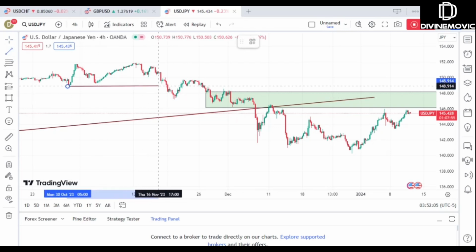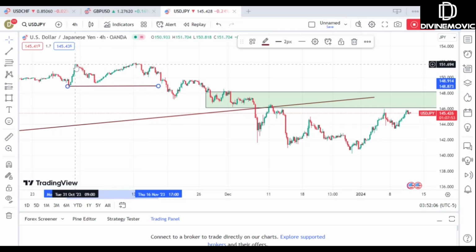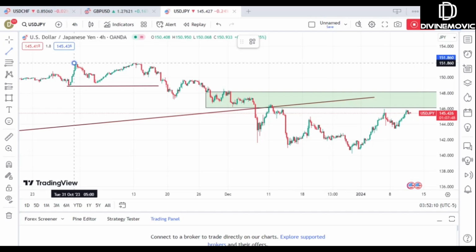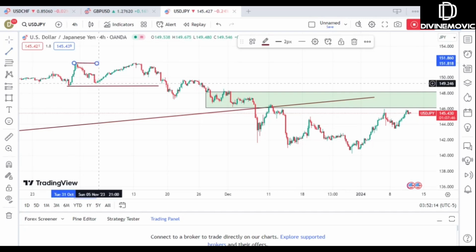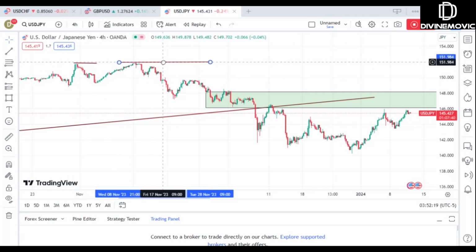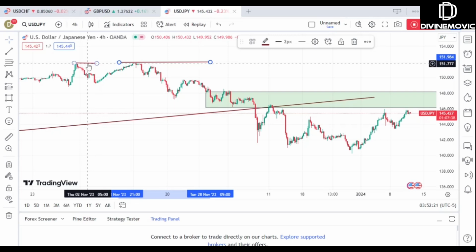Now this is the first low, and this high gives us this low here. This high here gives us this low, and this high here gives us this low here.